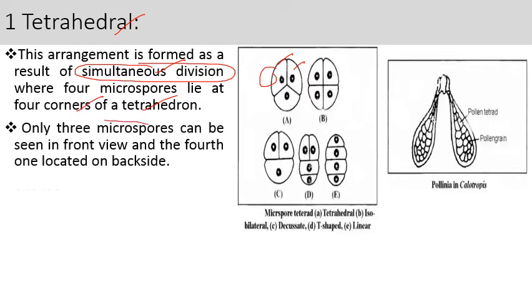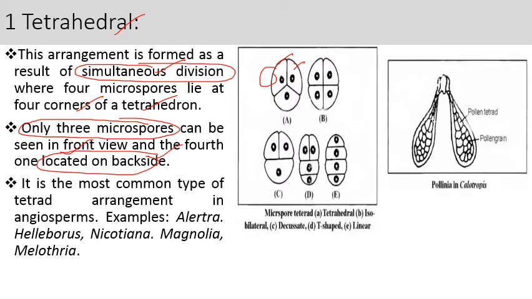Only 3 microspores can be seen in front view. तो front में हमें सिर्फ 3 ही microspore दिखते हैं, and the fourth one is located on the back side, और चौथा है इसके पीछे. It is the most common type of tetrad arrangement. तो ये बहुत ही common तरह का tetrad arrangement है in angiosperms. Examples are Electra, then we have Helleborus, Nicotiana, Magnolia, and Melothera.